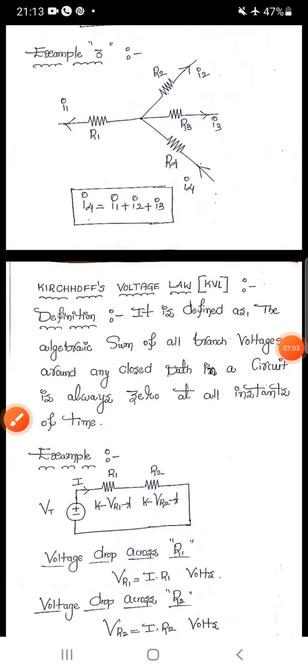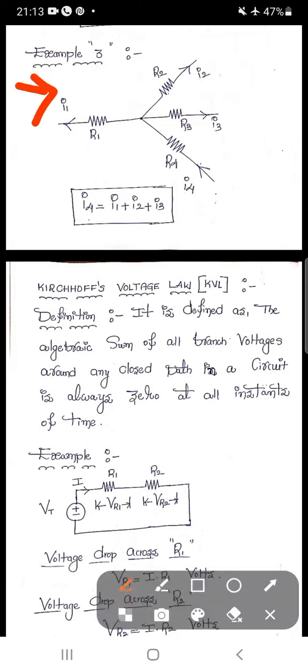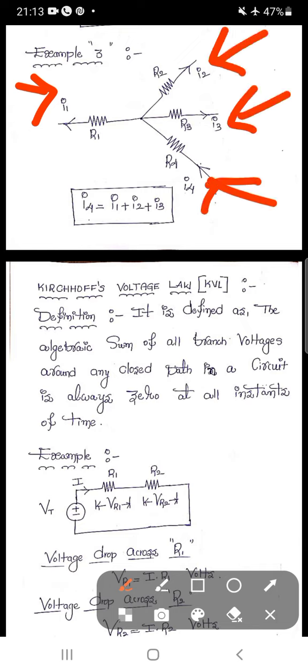The current flowing in R1 is I1, then I2, I3, and I4. Now identify how many currents are incoming to this junction point. Only I4 is incoming, and the remaining three currents I1, I2, I3 are outgoing.